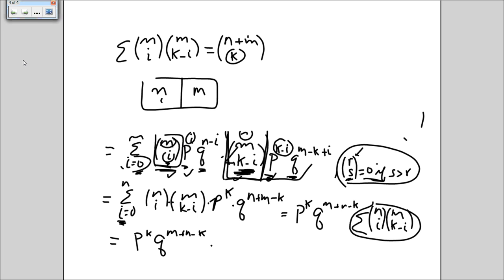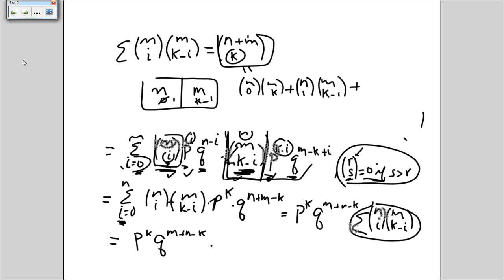Well, first you can choose 0 from the n objects, and k from the m objects. So this here is equal to n choose 0 times m choose k. Plus, now I could have chosen 1 from n and k minus 1 from the m: n choose 1 times m choose k minus 1.